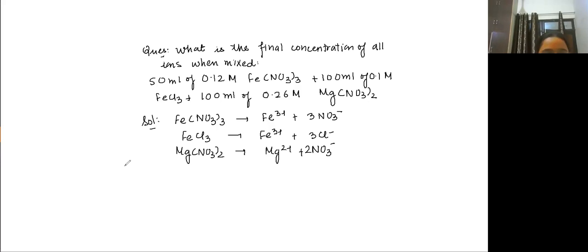So you have to find out the concentration of Fe3 plus ion. Fe3 plus you will get from which solution? Will all three give you Fe3 plus? No. So let us say this is M1V1, this is M2V2, and this is M3V3.